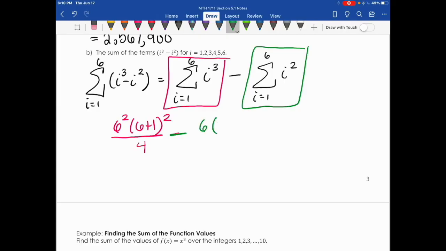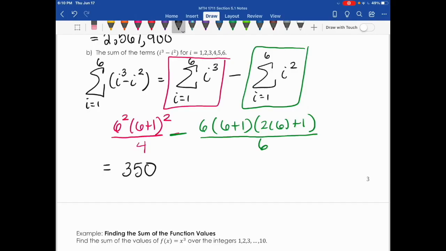Now I've got to look at my formula for i squared. My n is 6, so I plug 6 in for n and get 6 times 6 plus 1 times 2 times 6 plus 1, all over 6. When I put that in on my calculator and do the arithmetic, we should get 350. You can also check this on your calculator if you have that summation notation on there.